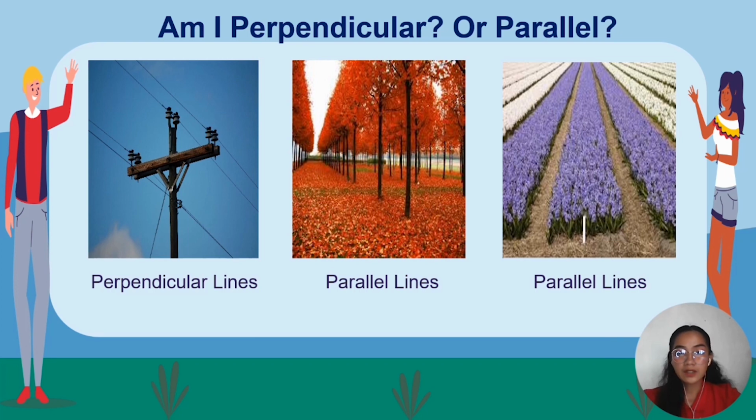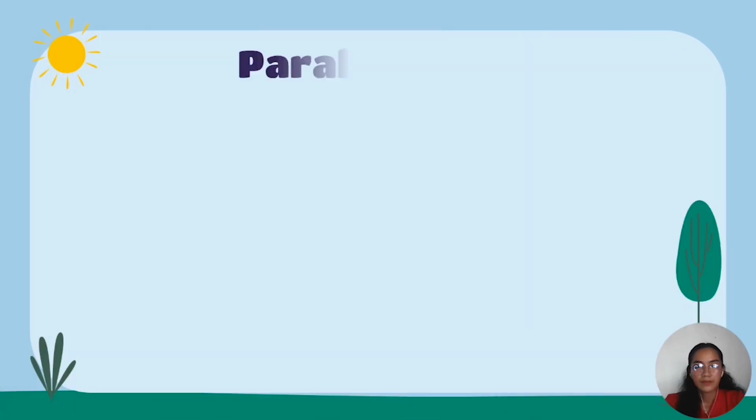Those objects that are presented are examples of perpendicular and parallel lines. And now I hope that you have an idea what perpendicular and parallel lines mean. To know more about this lesson, let's proceed to our proper discussion.